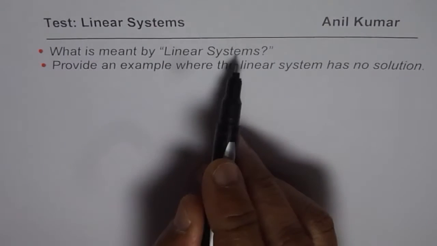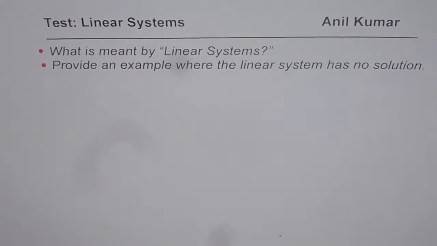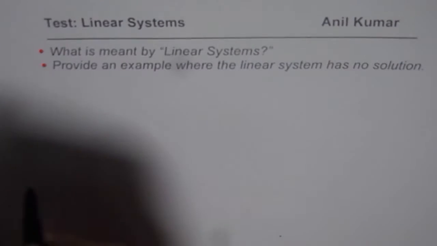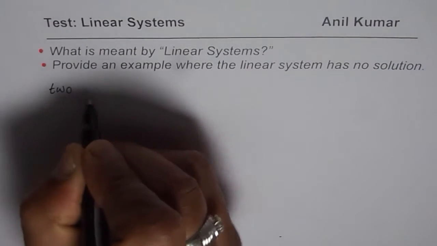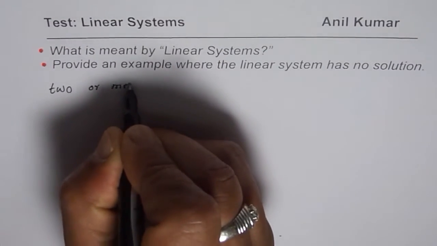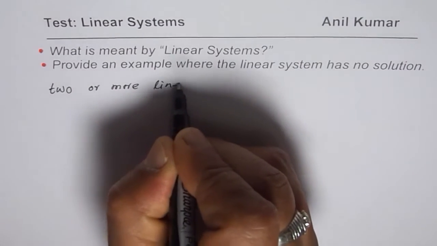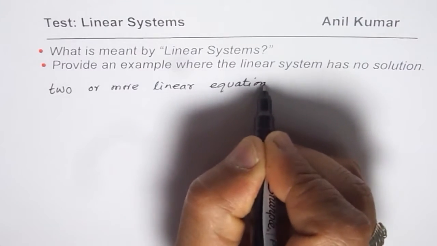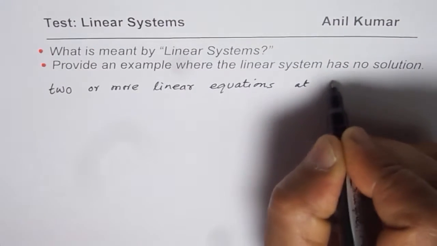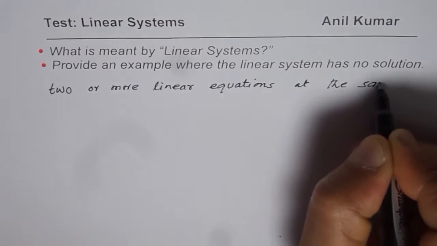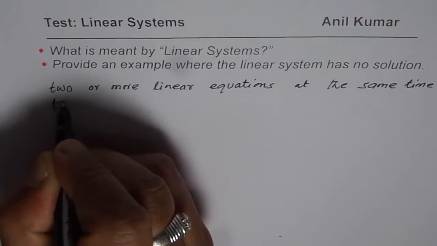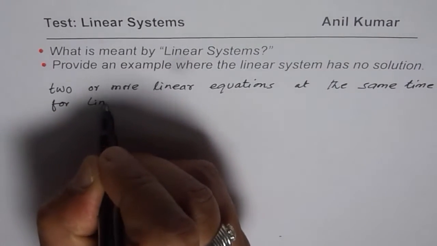Now, linear systems means more than one thing working together, and by linear, we are referring to linear equations, right? So we can say two or more linear equations at the same time form a linear system.